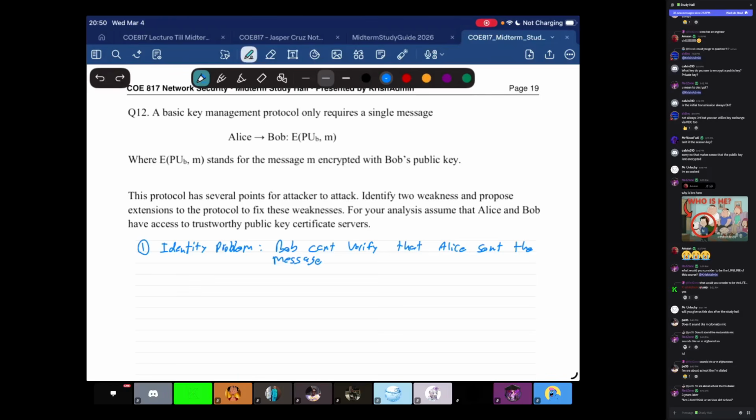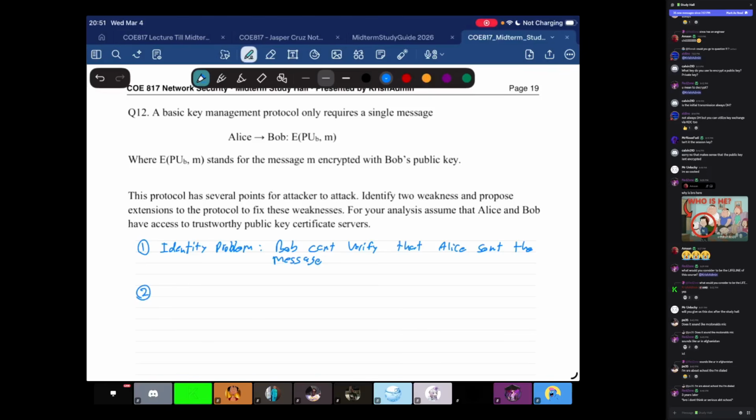Bob doesn't know that Alice is the one who sent it, since there was no digital signature or any identifying information sent. That is one problem. They can't verify each other until signatures are sent or an ID is sent.